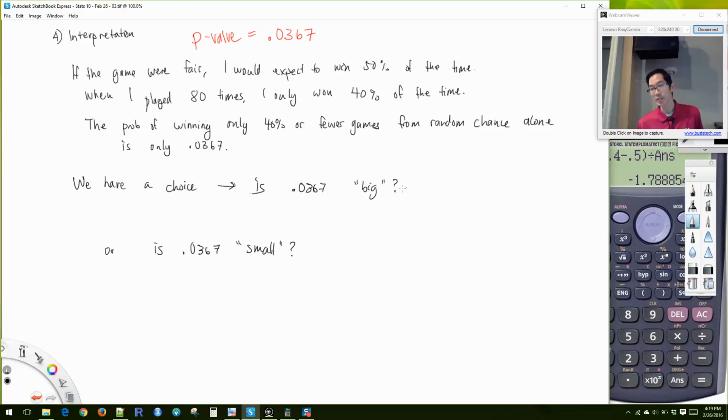If we say it's big, then we would say this does not provide evidence that the game is rigged, okay? If we decide 0.0367 is big, we say it does not provide evidence. We say our data does not provide evidence that the game is rigged.